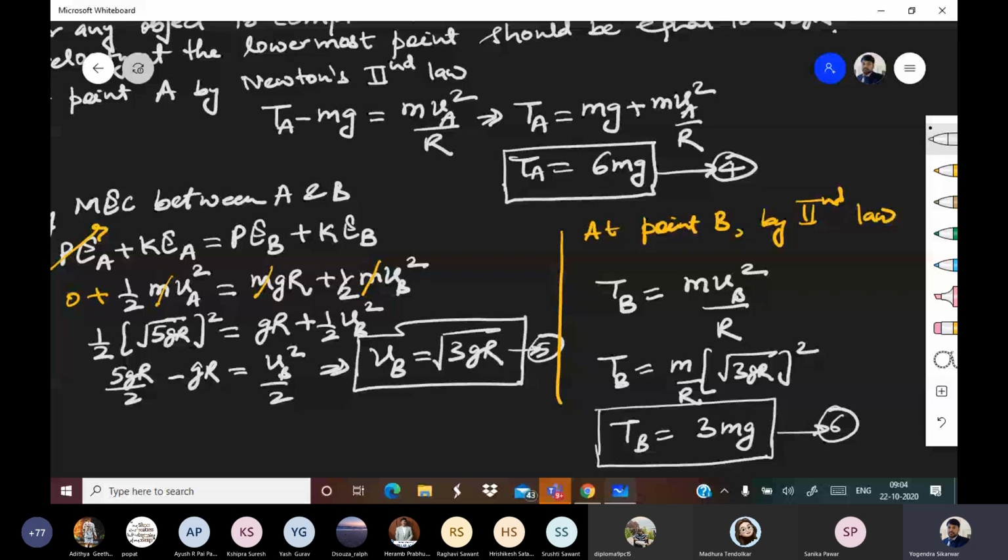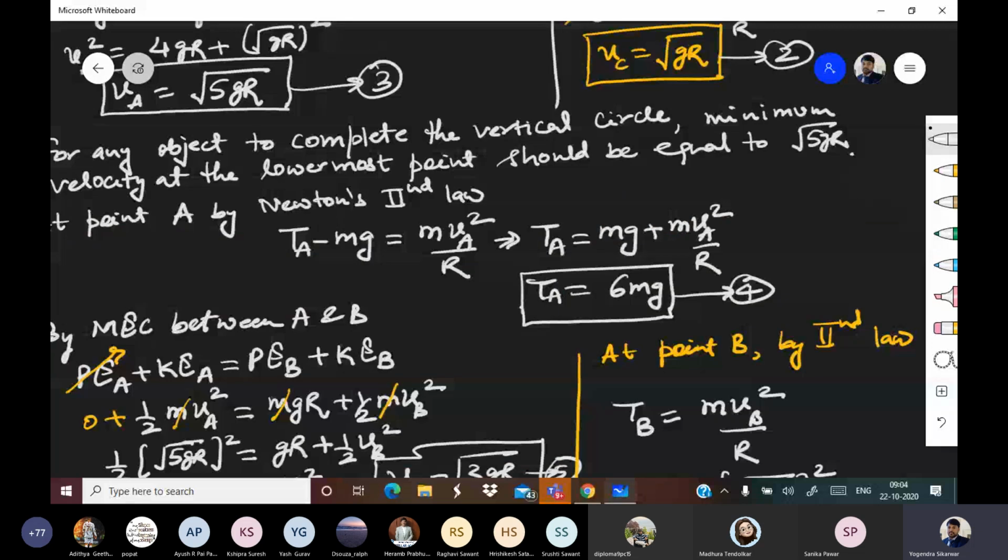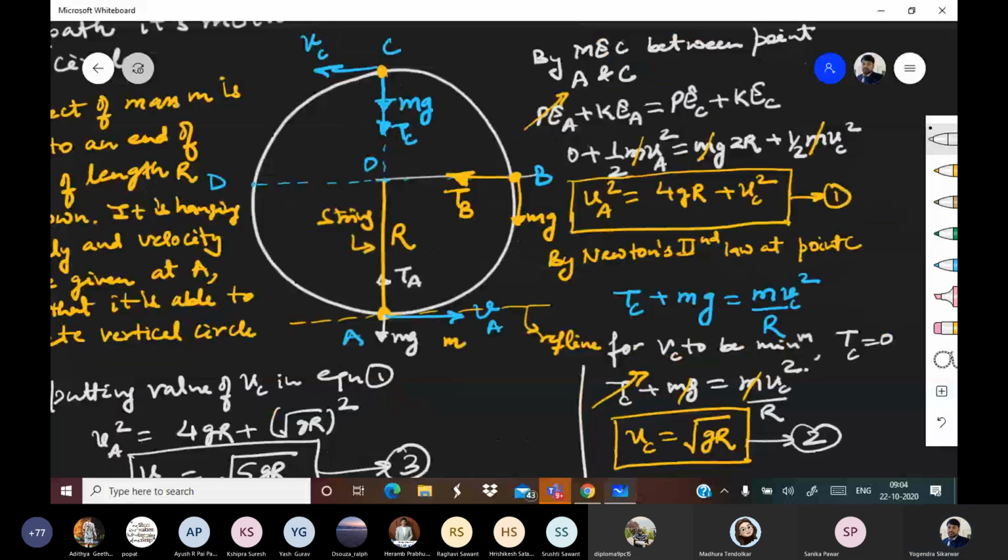You have to see the diagram, what is happening at point B. Can you see the diagram at point B? Yes, sir. Okay. At point B, mg is acting vertically downward and tension is acting towards the center of the circle. Yes or no?